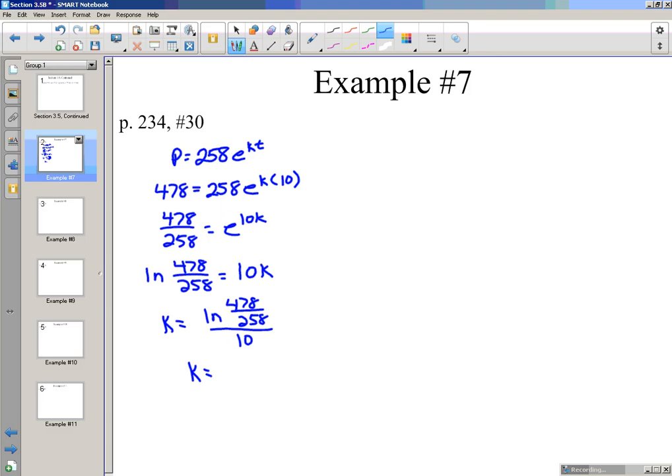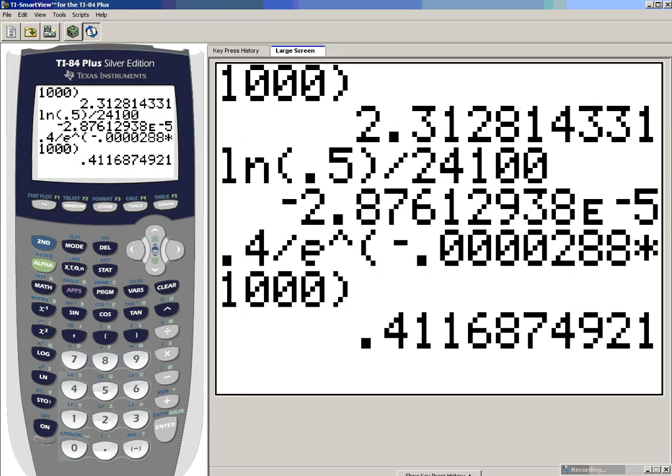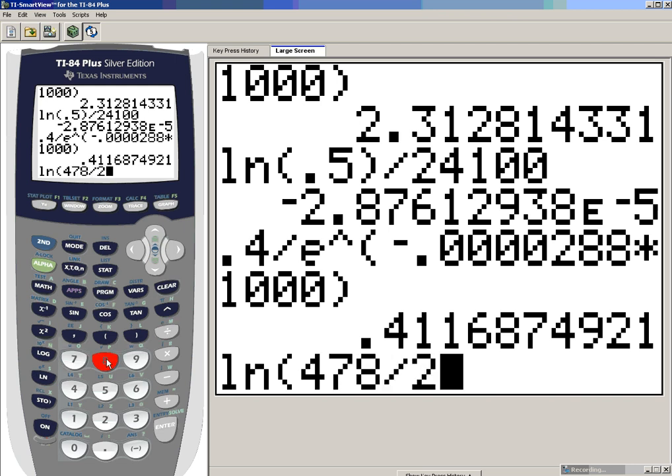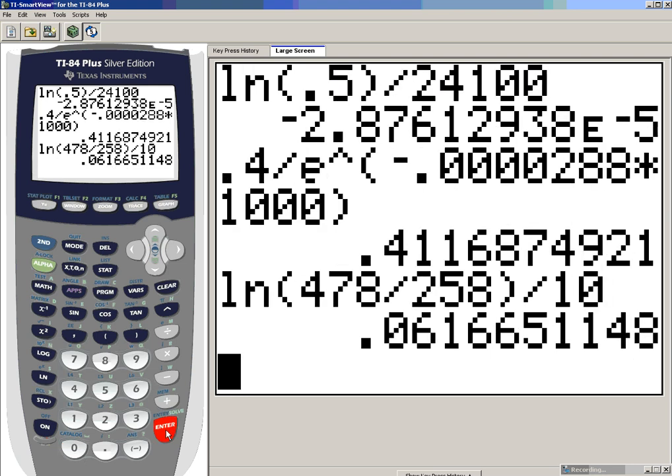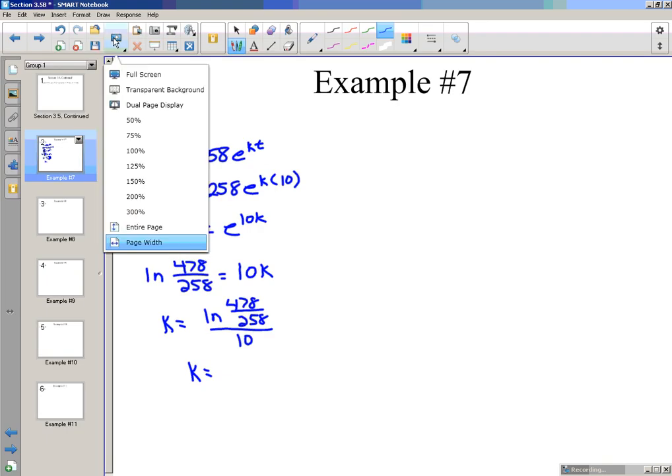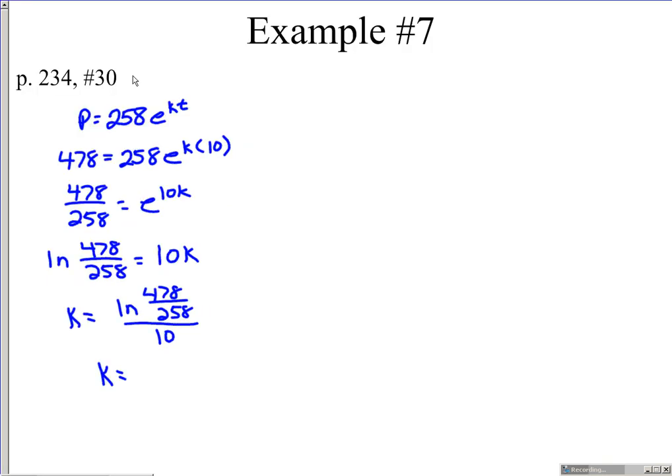Plug that into your calculator: natural log, 478 divided by 258, divided by 10. We get a K value of 0.0617. There's our K value. So there's part A.